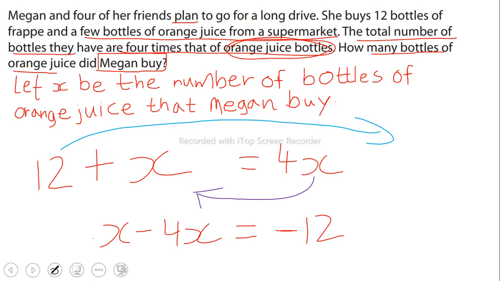So then it couldn't be x equals 4x minus 12? No, because we want all the x's on one side, and all the numbers on the other side. That's why we move the x to the left. Oh, so you want it in front of the equal sign? Yes.